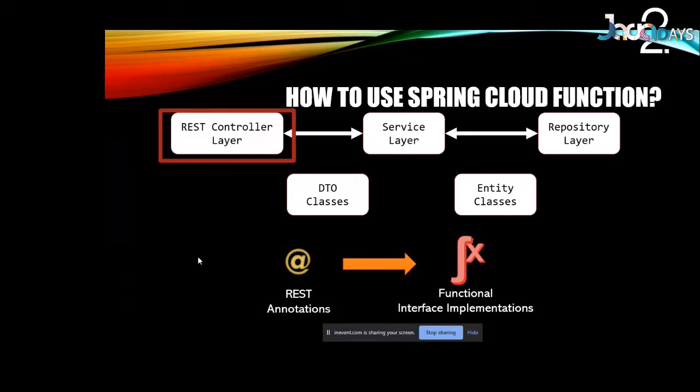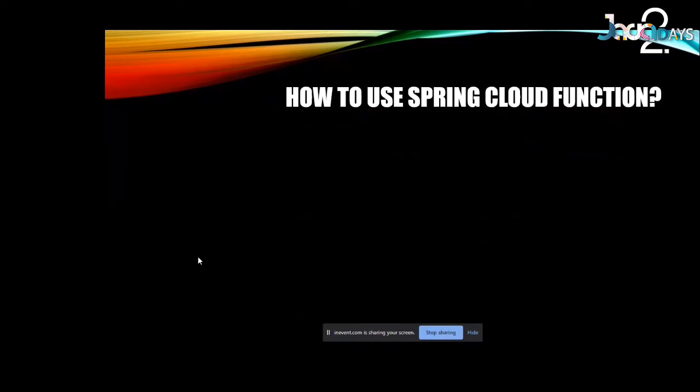All REST annotations are gone now, and instead the same logic you need to write with the help of your functional interface. You may be thinking, how is it possible that without any annotation it will make a call and it will work? How will I be able to write it that way? For that, we'll quickly see how to do that kind of mapping. So that's the last part of the theory.